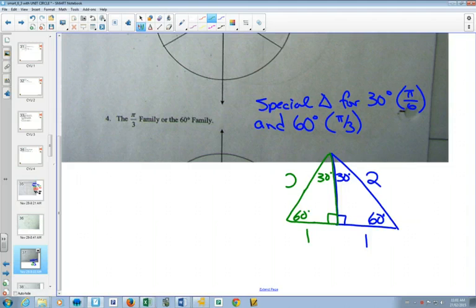So if all the sides of that big triangle were 2, then you would have the bottom split into 1 and 1. And now that you have two sides of a right-angle triangle, if we look at the blue one, we can do a squared plus b squared equals c squared. And if you did that, you would find out that this other side is the square root of 3.